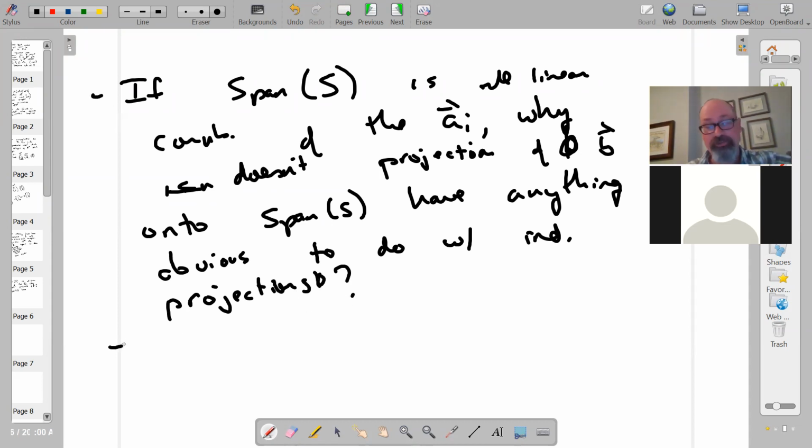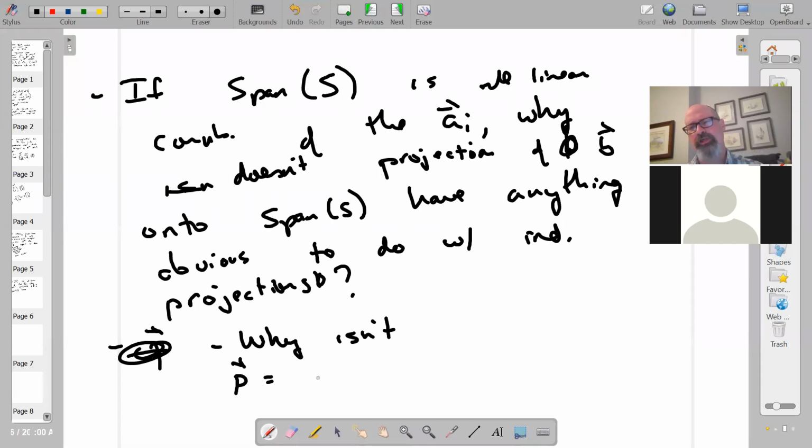The most obvious thing that could happen is that the total projection is just the sum of the individual projections, like it would be if the axes were perpendicular. Why isn't the projection we want just the sum of the individual projections?